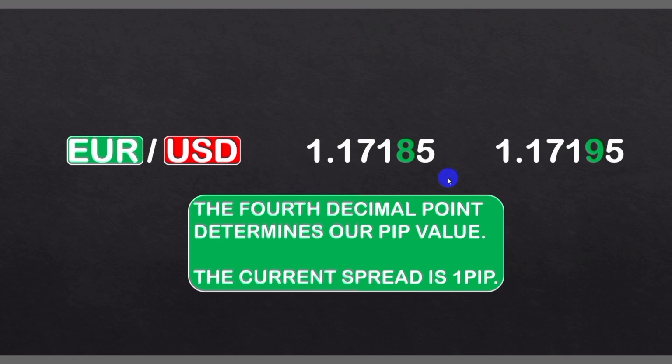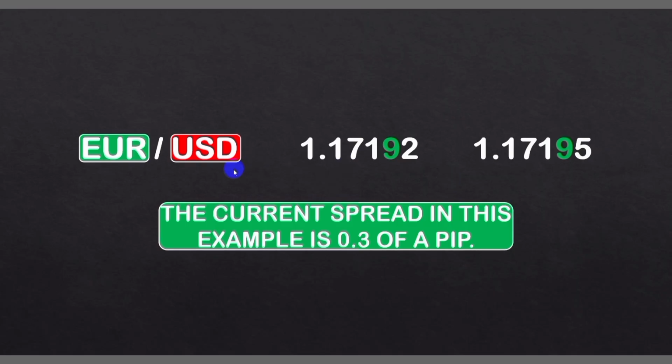So for currencies that appear with the JPY, they're actually in 3 decimal places. Now, in this other example, using the Euro USD, we have this price level as 1.17192, and then we have this price level as 1.17195. What you can see is the fourth decimal place is 9 here and also 9 here.